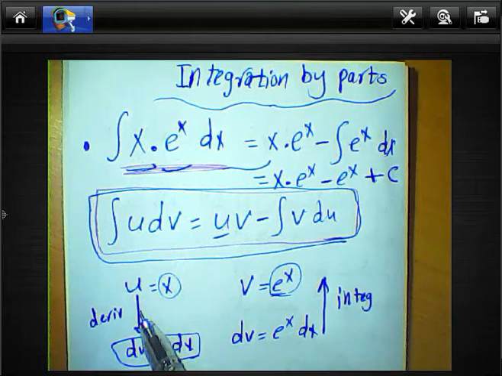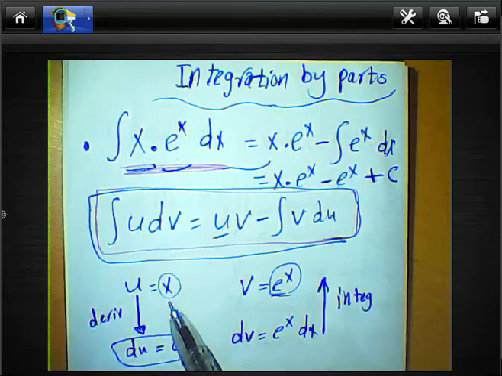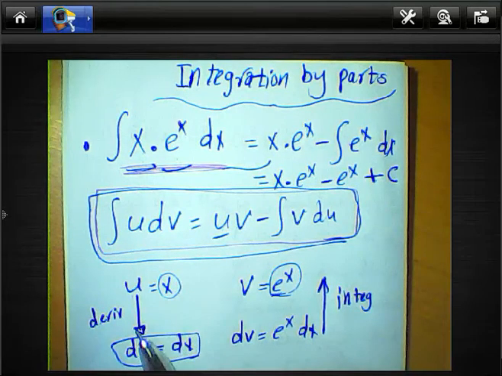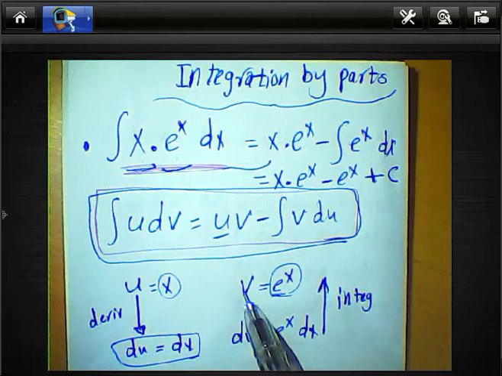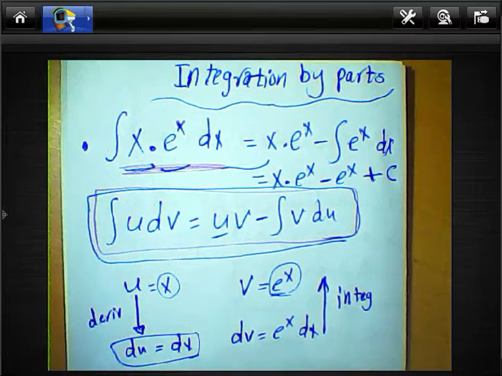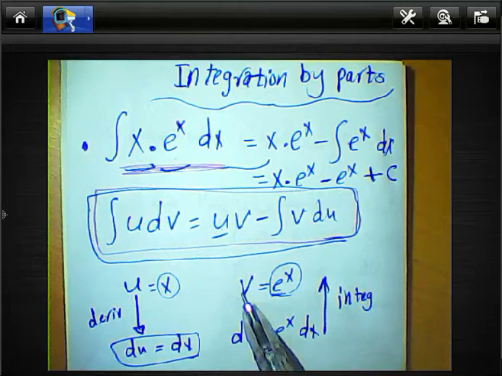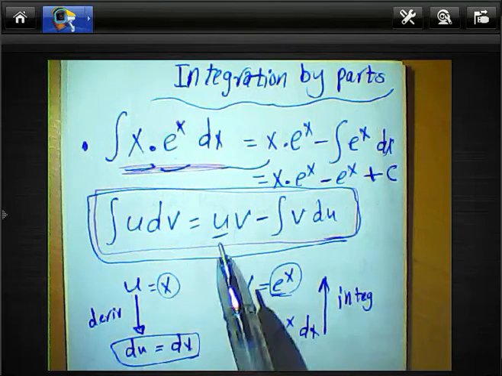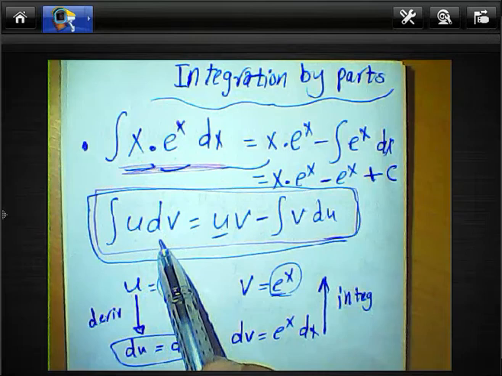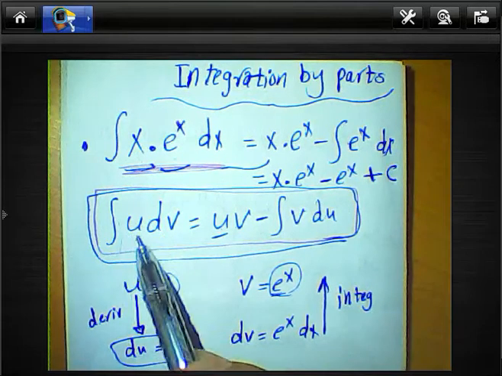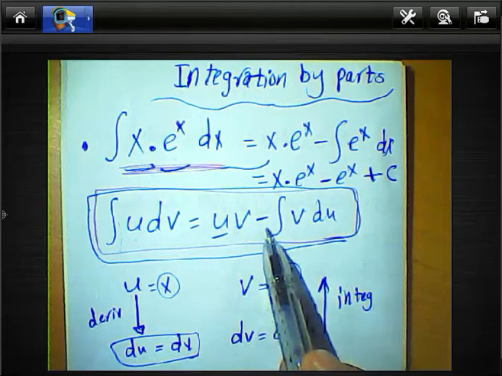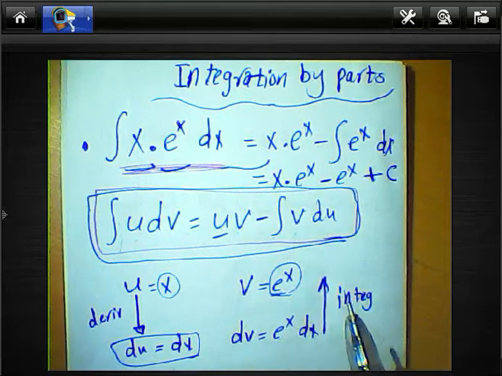We can find the derivative of the first term, x with exponent 1, so du equals dx, and v we called e power x, and then we can find the derivative of v equals e^x dx. So we can use this rule: the integration of u dv equals uv subtract the integration of v du.